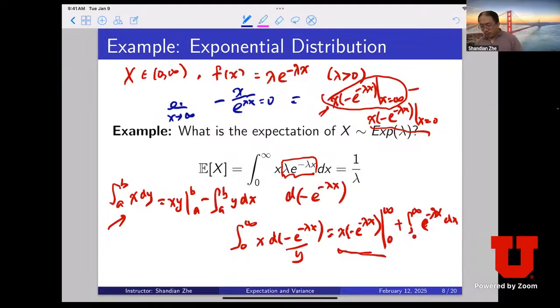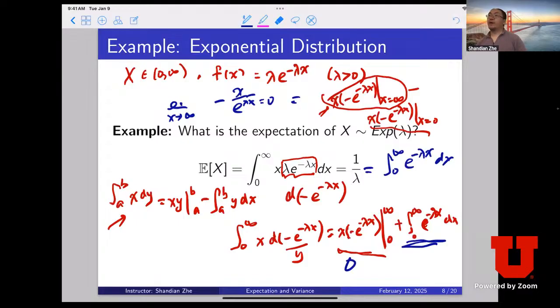But anyway, we know the first term here is simply 0. So the only thing remaining is the second term, which is the integral from 0 to infinity of e to the power of minus lambda x dx. If you do this integration, it will give you 1 over lambda.